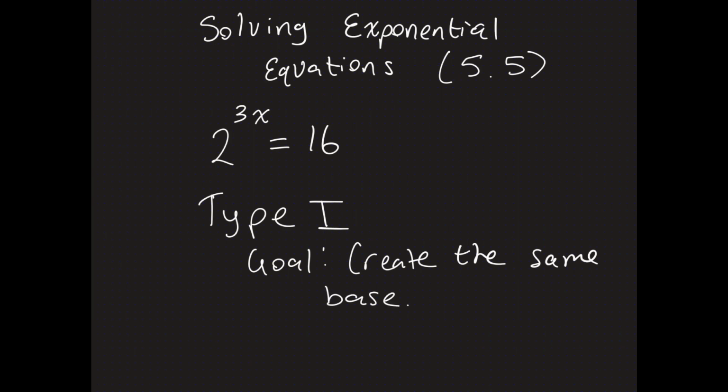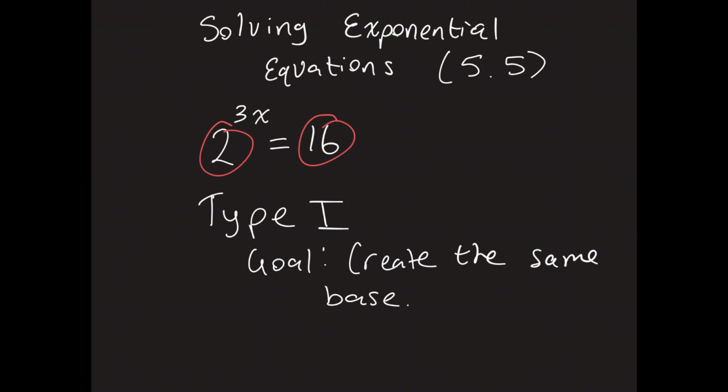So what do I mean by creating the same base? On one side, we can clearly identify the base: 2 to the 3x, so my base here is 2. On the right side, however, I have 16. Your goal is to see if there is a common base between them.